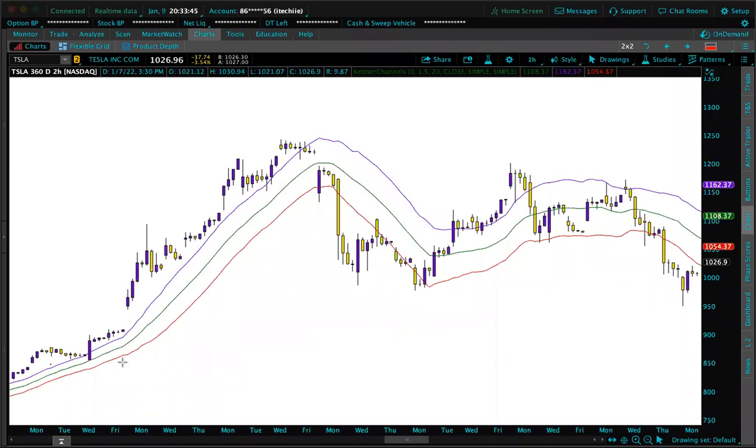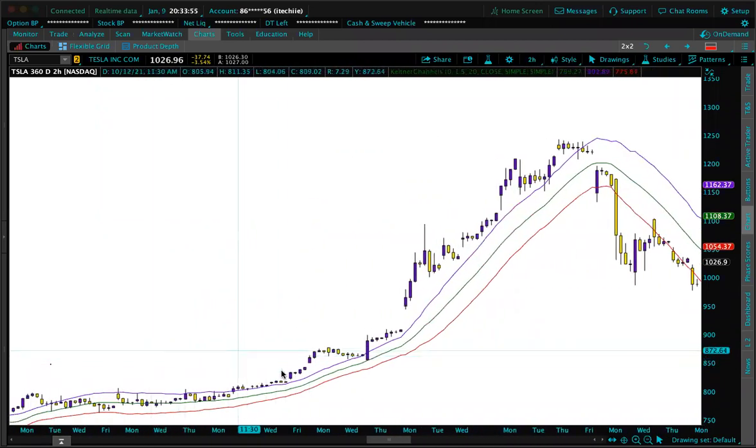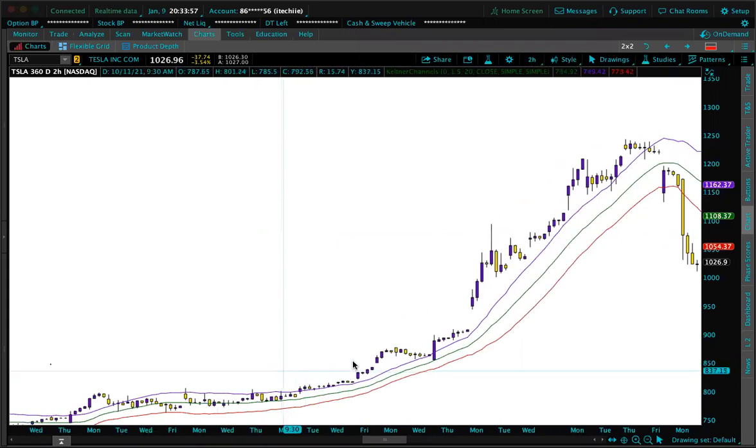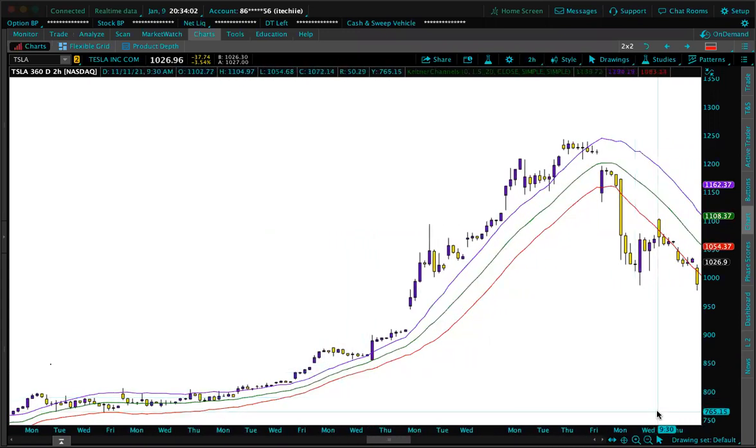So here with Tesla, I want to show you the simple buying and selling strategy. I love to start from here because I want to give you guys an example. There's not much here to show you, but my whole thing is always buy lower Kelts. Your first target should always be middle Kelt.